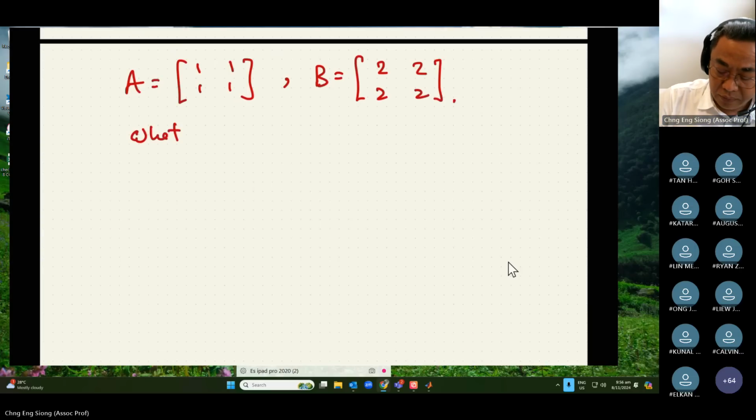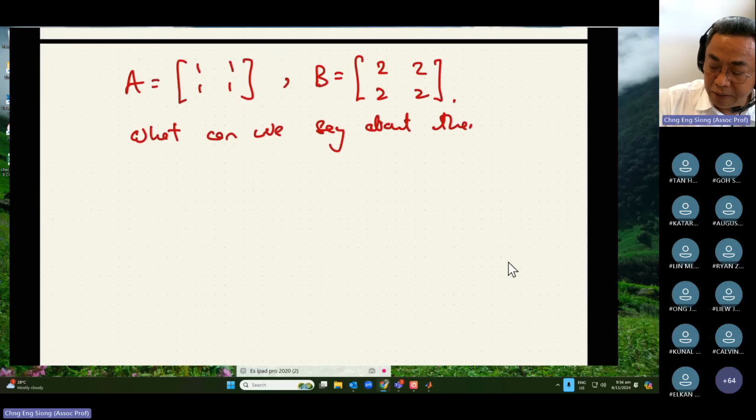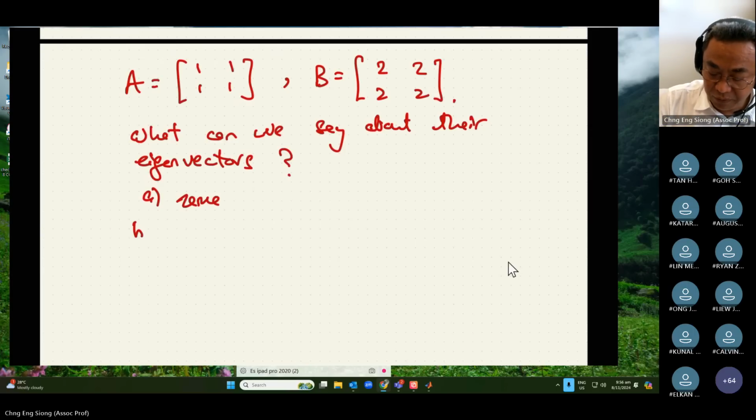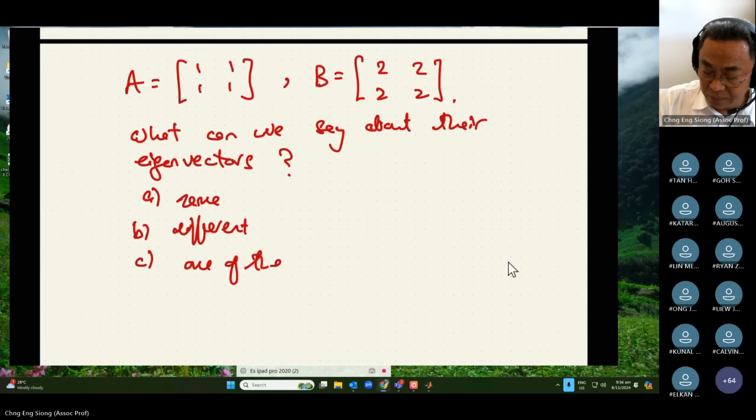What can we say about their eigenvectors? Same? Different? One of them the same? What can we say?